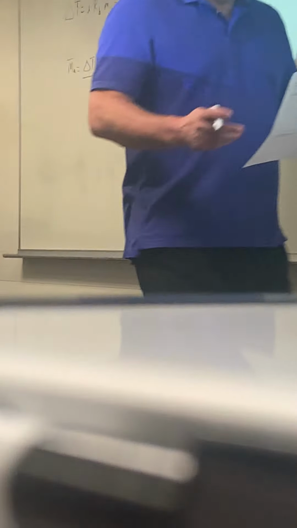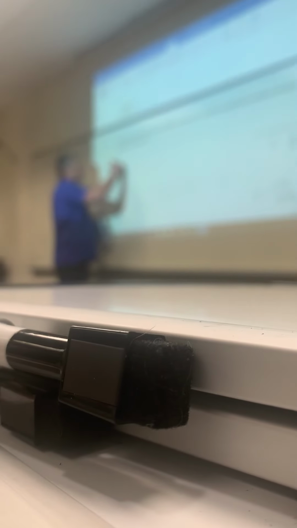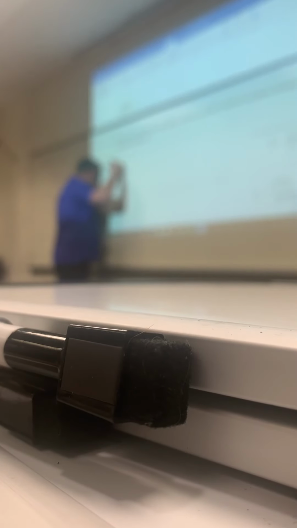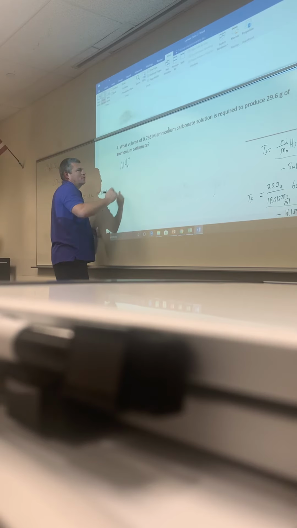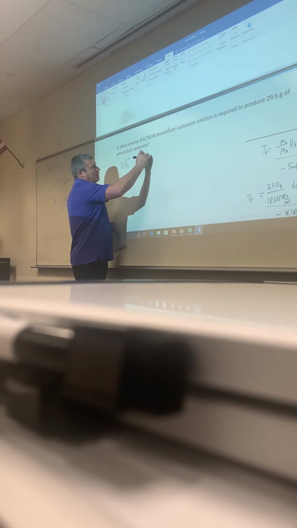And lastly, what volume of 0.758 molar ammonium carbonate is required to produce that many grams? What's the formula for ammonium carbonate? Well, ammonium ion, which we have to know is NH4 plus 1, carbonate CO3 minus 2.